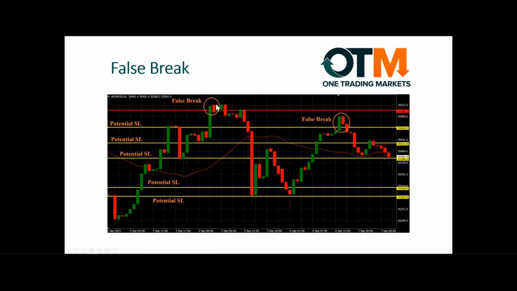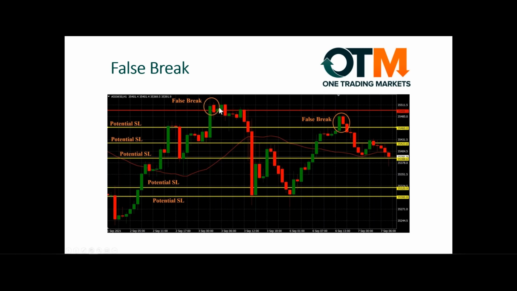However, if we see a market surpassing a resistance, but the next candle, whether it's 1 hour or 1 day, whatever time frame you choose, it doesn't matter, confirms exactly the opposite, we call this a false break.